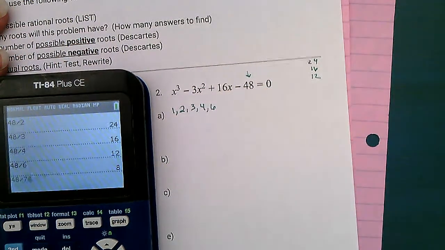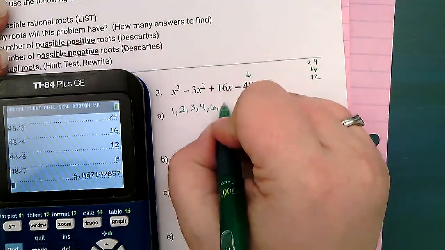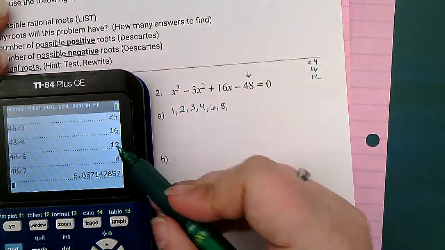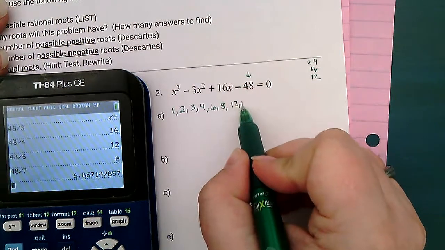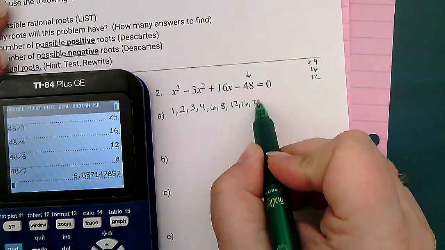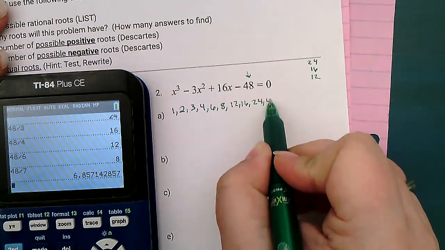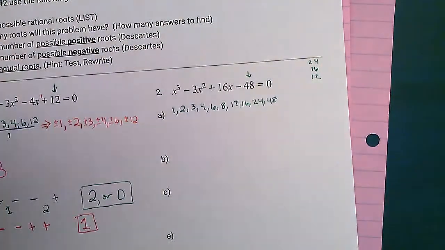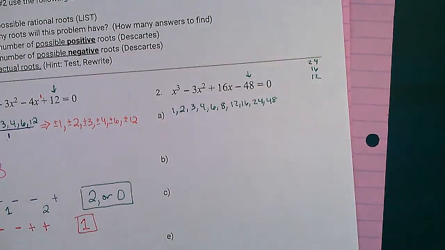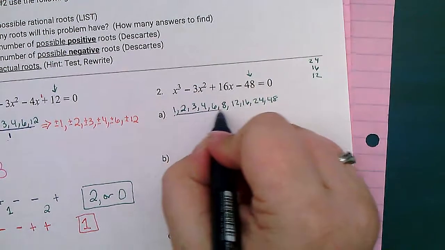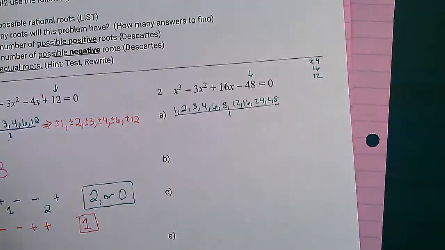Let's see if it divides by 7. Nope. Okay, so 6, 8, 12, 16, 24, and 48. Okay, so those are the factors. And again, I got those just by dividing using my calculator.